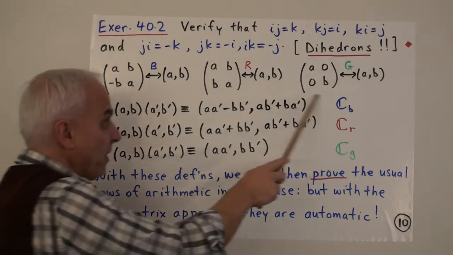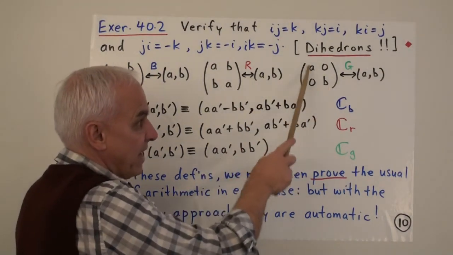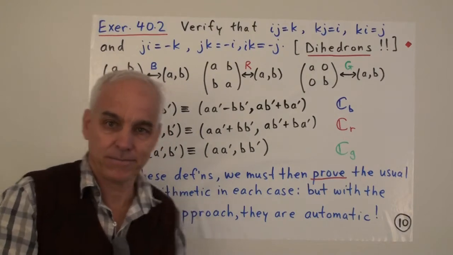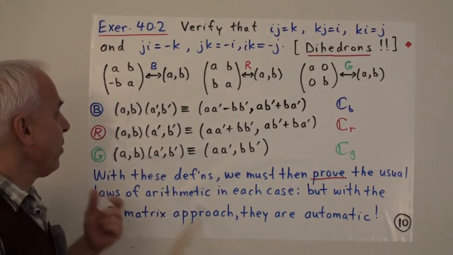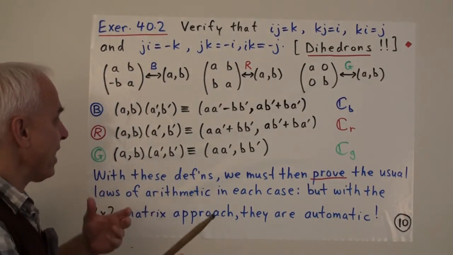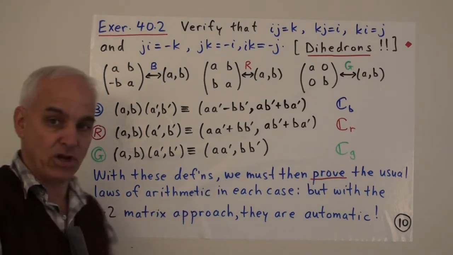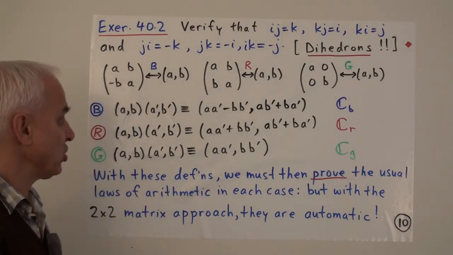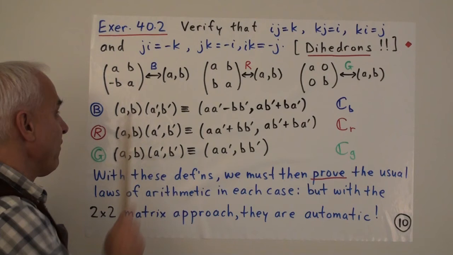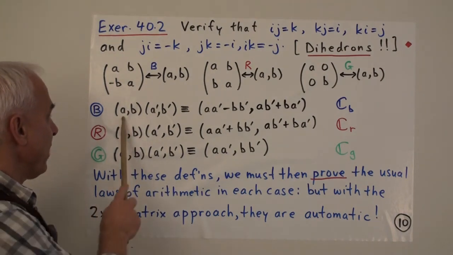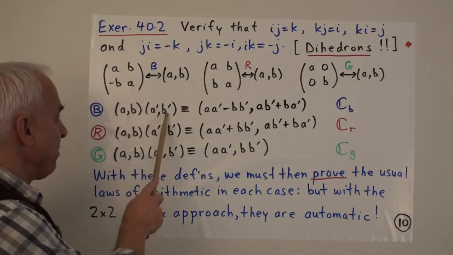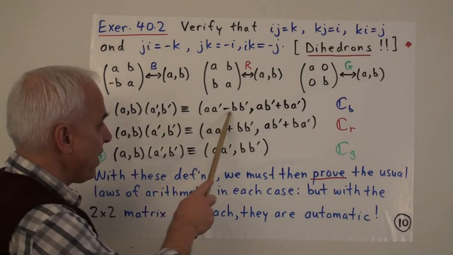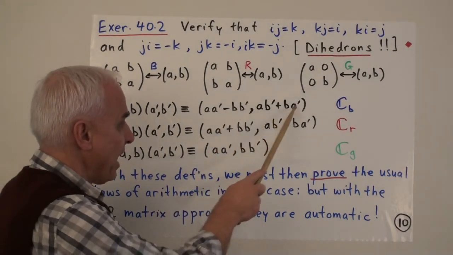And we can encode this matrix more efficiently just by encoding the diagonal A, B. So when we do that, we could then just rewrite the multiplication of such objects in row form. Right? So AB times A'B' equals AA' minus BB', AB' plus BA'.